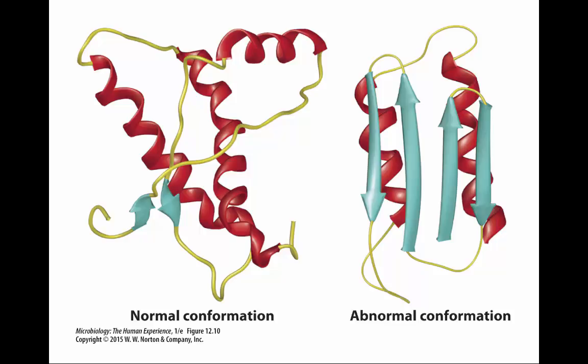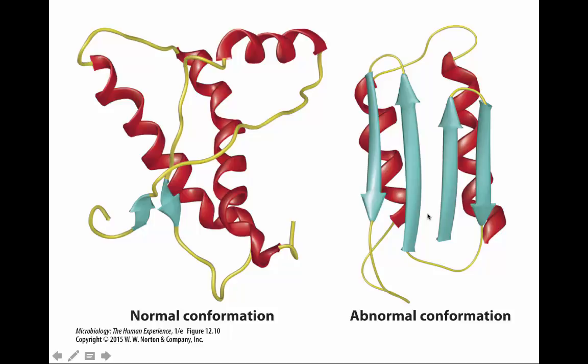And as you can imagine, we know that the central nervous system is really important. And so the diseases that these prions cause are devastating neurological diseases. Some examples are Creutzfeldt-Jakob disease, which is similar to a disease found in cows we call mad cow disease, or bovine spongiform encephalopathy. There's also a disease in humans called Kuru that's caused by these infectious proteins.